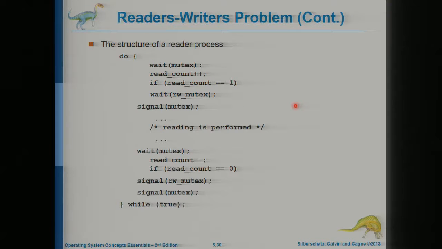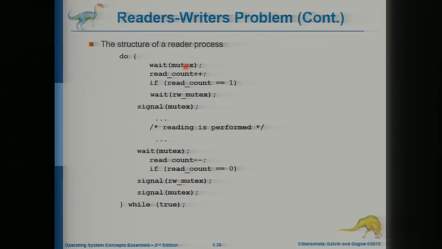So it's simple. First we will wait for a mutual exclusion on the read count. So to manipulate read count, we need to wait for the mutual exclusion mutex. We have to wait for the semaphore mutex. When the mutex is allowed to access, then we will go and increment the read count.